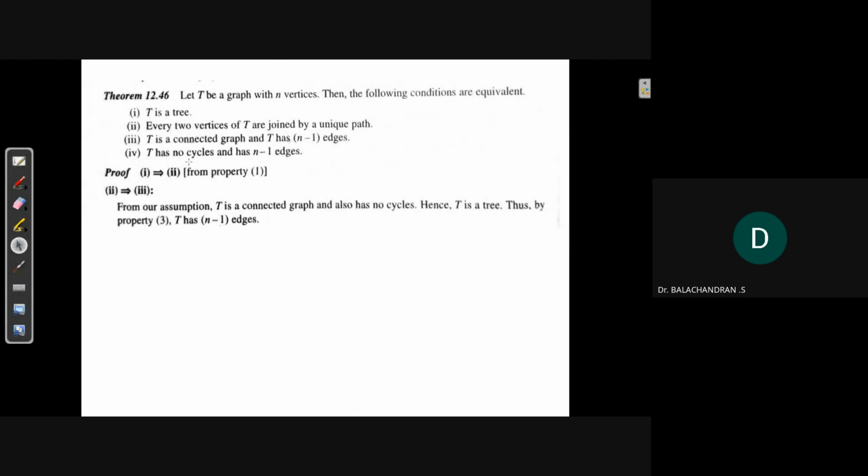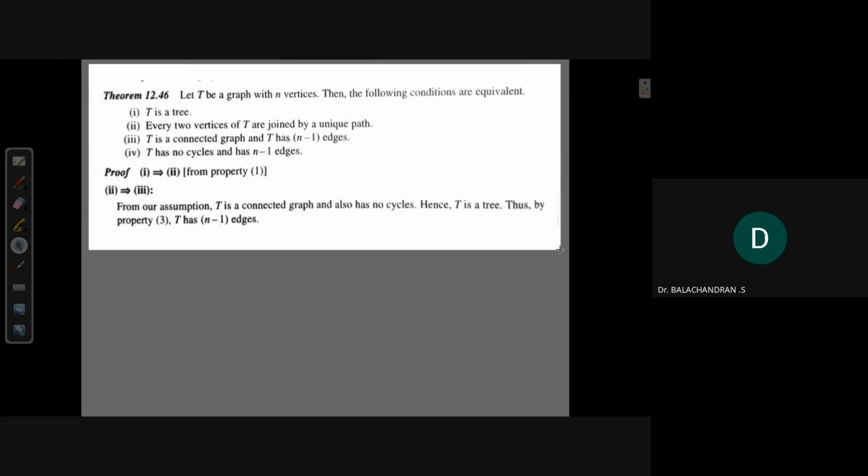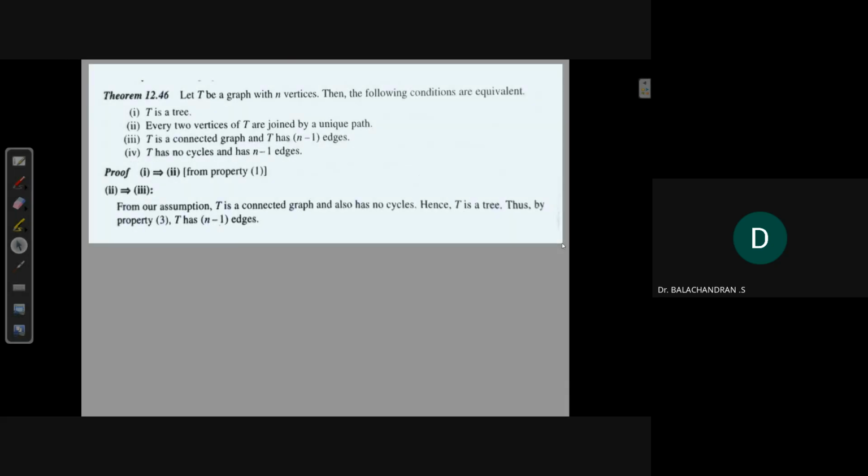Okay. So look at this one. Just quickly, I want to tell you the last equivalent condition.